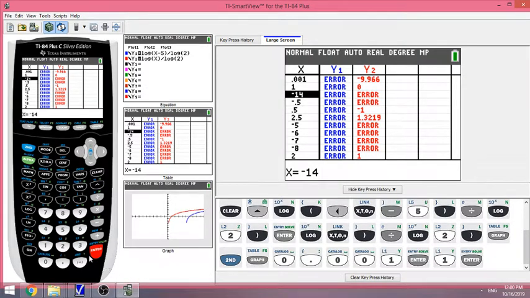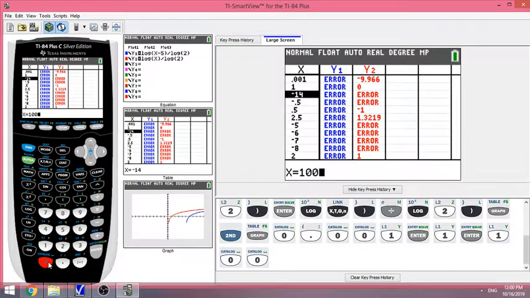So let's put in a large number, say 100. For y1 we have 6.5699, and for y2 it's about 6.6439. So they're pretty close to each other.